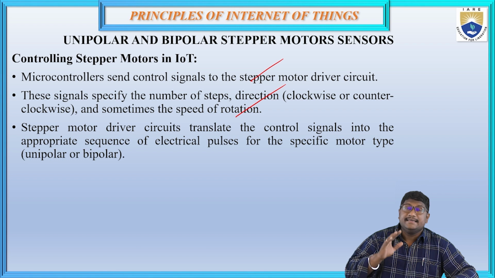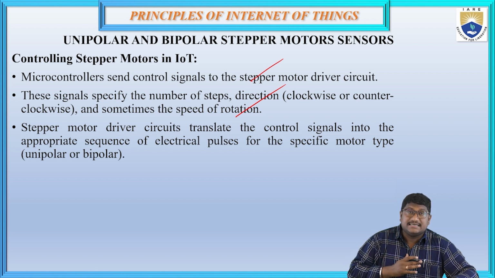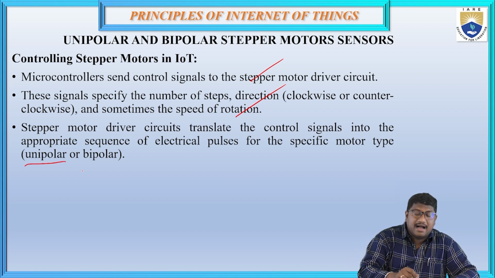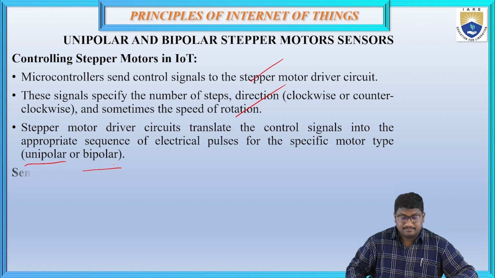The circuit translates the control signal into an appropriate sequence of electrical pulses for the specific motor type, either unipolar or bipolar.